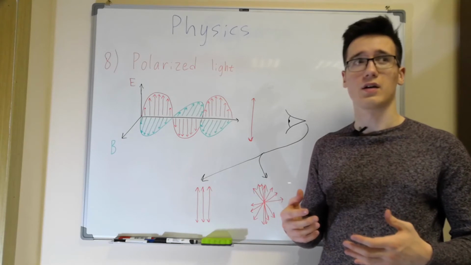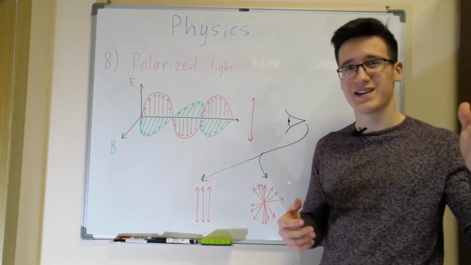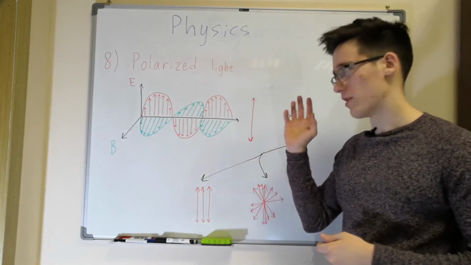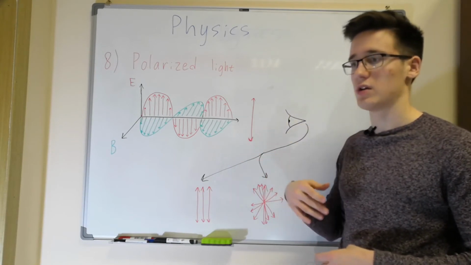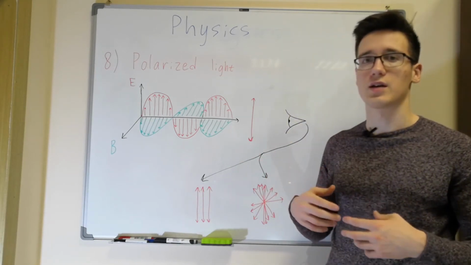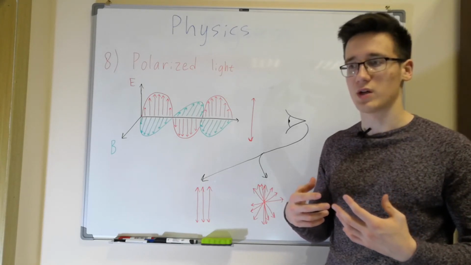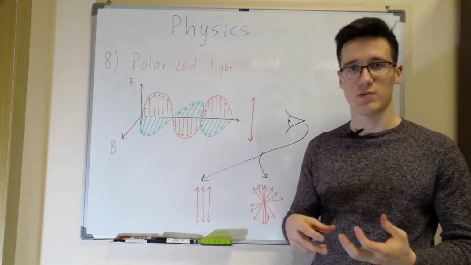And if you're looking at the sun, your eyes actually receive a whole bunch of different photons, which are light particles. You see, light has a wave-particle duality, which means that we can describe light both as a wave and as a particle.